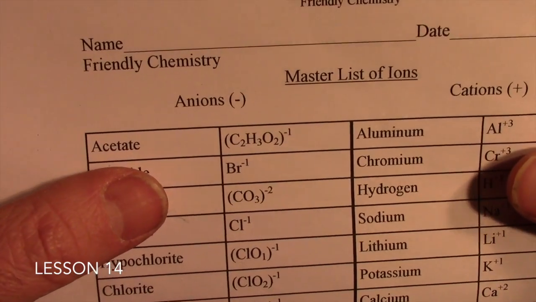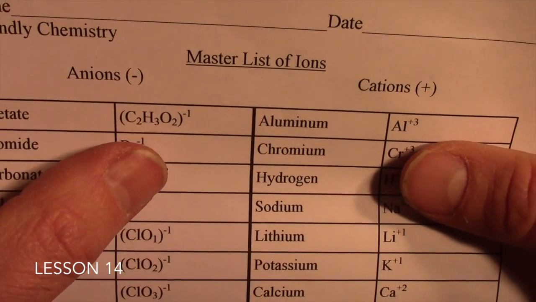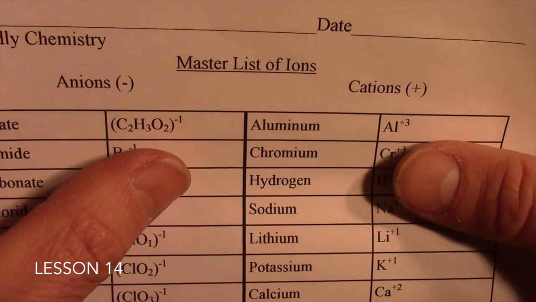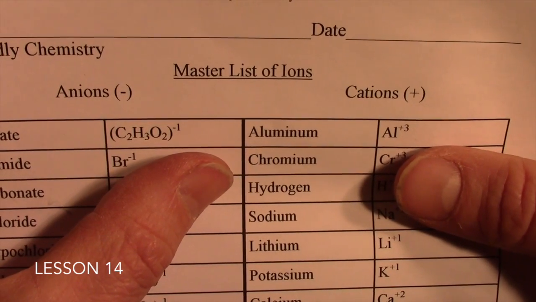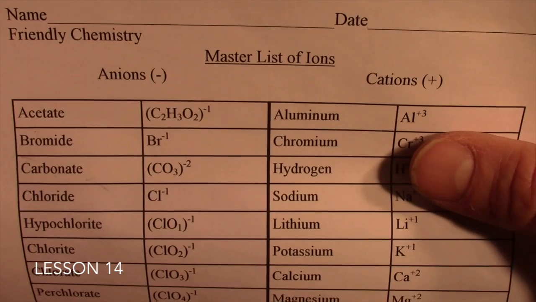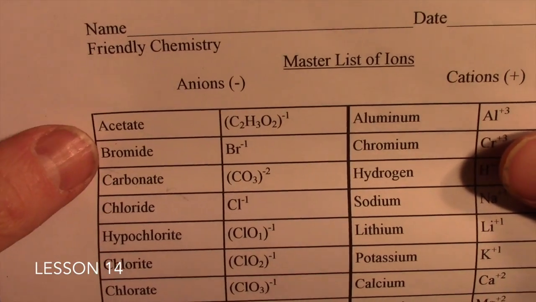So the acetate is acetic acid to make pickles. So we have 2 curvy pickles, 3 straight pickles, 2 circle pickles, make up 1 whole jar of pickles there. So that's your C2H3O2, acetate.